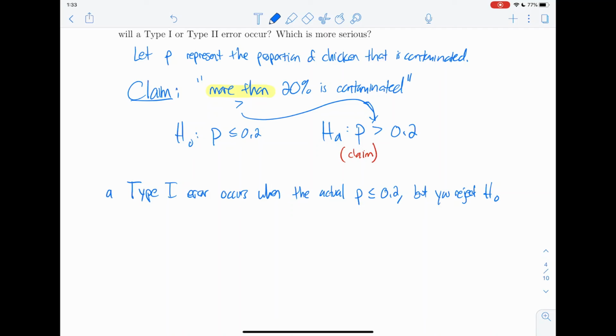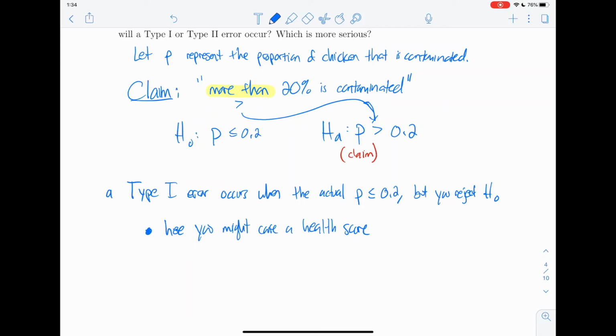And what's more is that the real-life ramifications of this might be what? Here, you might cause some sort of a health scare. Because the proportion of contaminated chicken, P, is actually pretty low, but by rejecting that statement, you're declaring to the general public, oh no, it's actually pretty big.